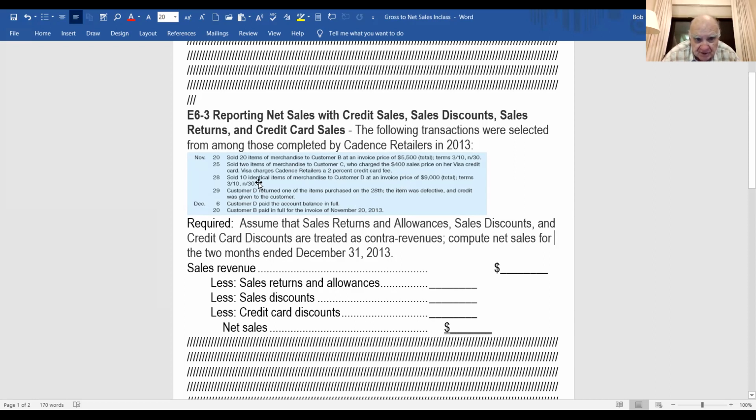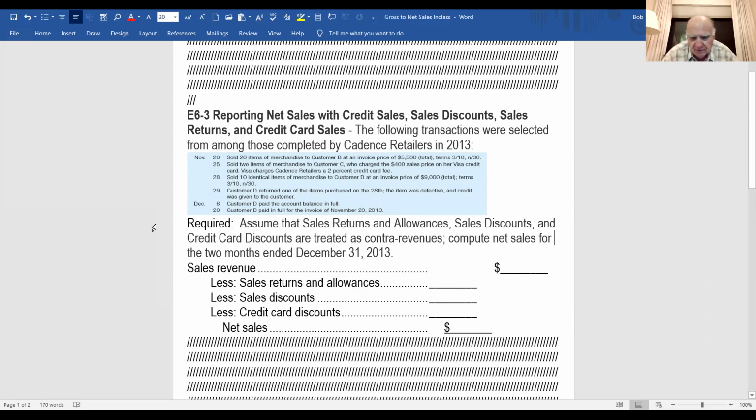And then we have another sale, 10 items, totaling 9,000, meaning they were each 900. And in the next transaction, that customer D returned one of those items, and we have to record that. Then customer D paid the bill, and customer B paid. And they're asking you to work out the schedule here, okay?